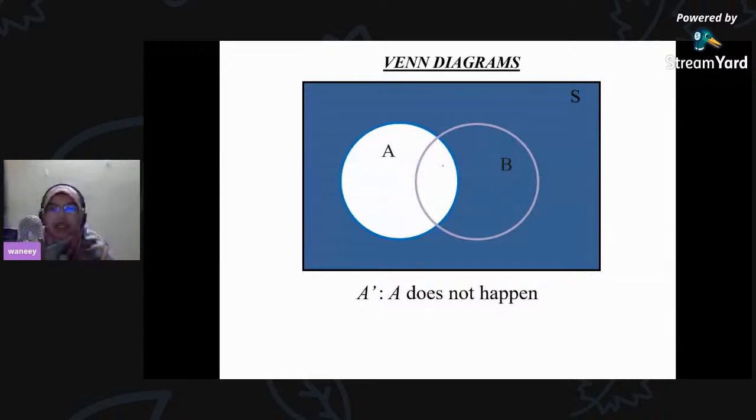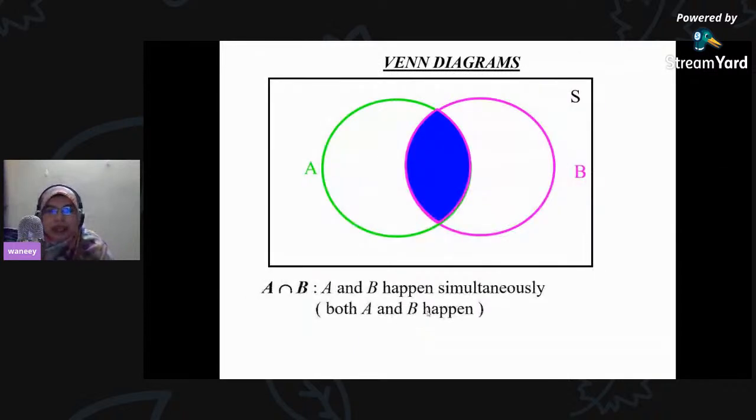Again, we can use A bar or AC. Next, A overlap with B is the region right in the middle. It means that A and B happen simultaneously, or both event A and B happen at the same time.